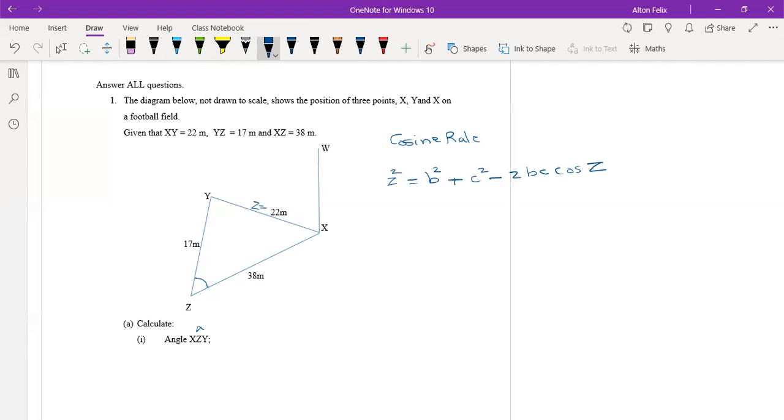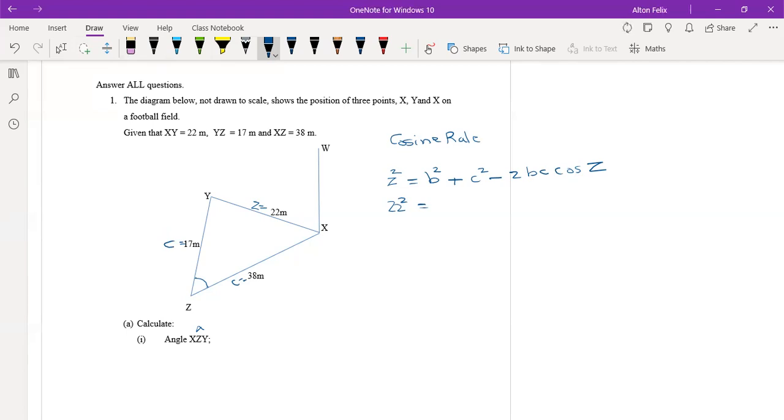And we'll treat the other 2 sides as, not A, sorry, we'll treat it as B. And we'll treat this one here as C. So let's go right ahead and solve. Substituting these values now. So we have 22 square is equal to B square plus C square.